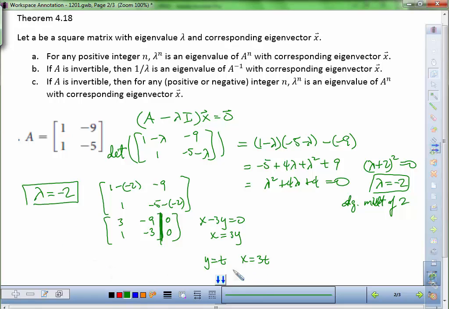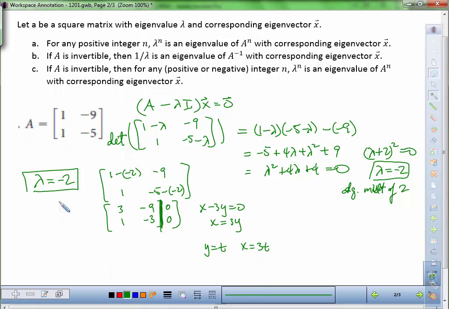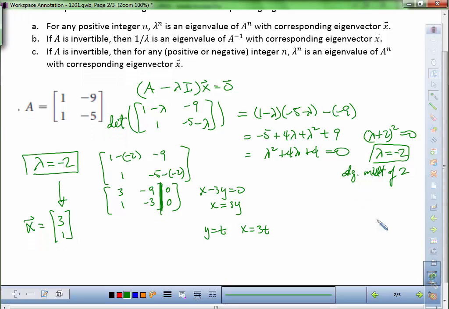So then your corresponding eigenvector, call it x, is equal to (3, 1). Is that okay? So this has geometric multiplicity also. This has a geometric multiplicity of what?